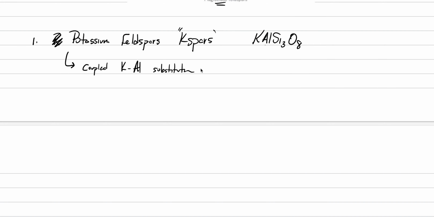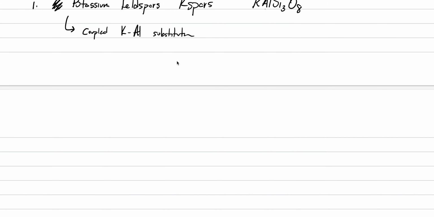And there are three different polymorphs of the potassium feldspars that are controlled by temperature. So we're going to say three polymorphs controlled by temperature and ordering.